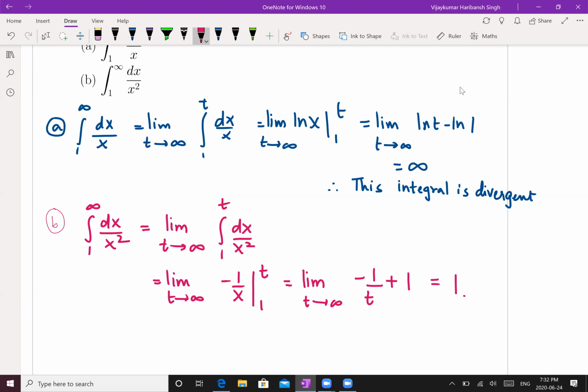So therefore, this integral converges, or is convergent. And what is the value? The value is 1. So this is how the improper integrals are done.